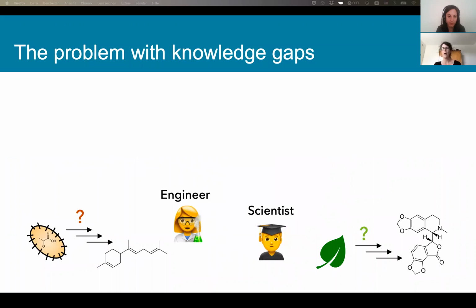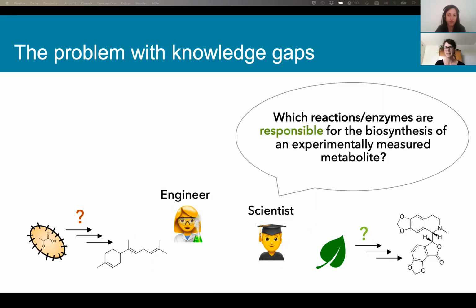So what is the problem with these knowledge gaps? First of all, they limit our basic understanding of the chemical processes in nature. And more specifically, scientists will ask which are the reactions and enzymes that are responsible for the biosynthesis of an experimentally measured metabolite, or what are the biodegradation pathways of a given compound.